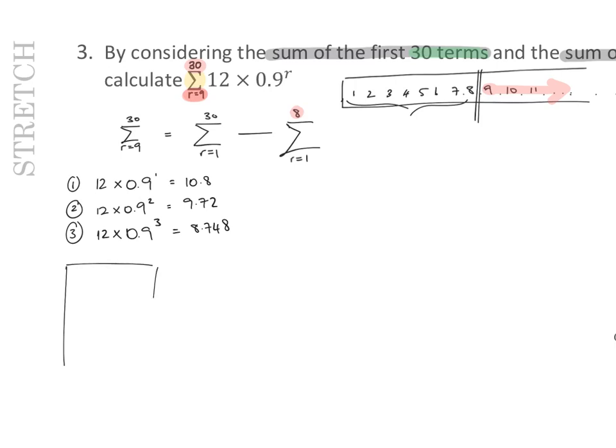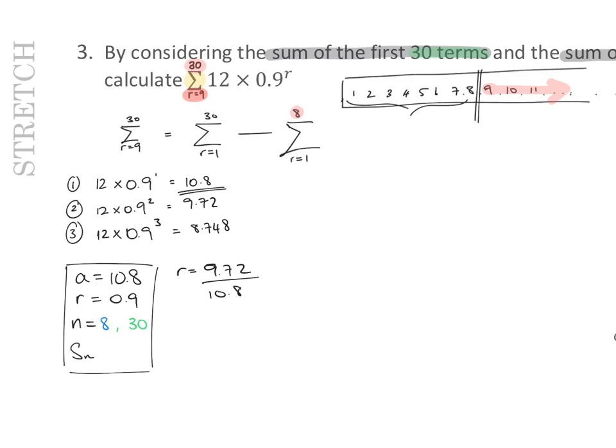However, there's no harm in generating it, because we still need to get that first term. The first term is not 12, it is 10.8. So r equals 0.9, and we're going to do this twice. The first one we're going to do n to 8, and the second one n to 30.